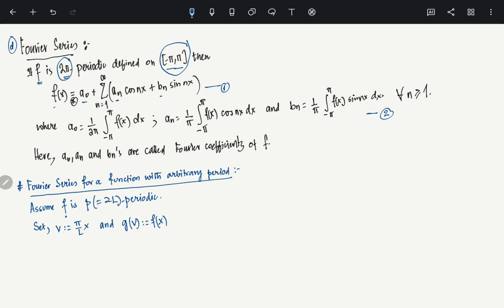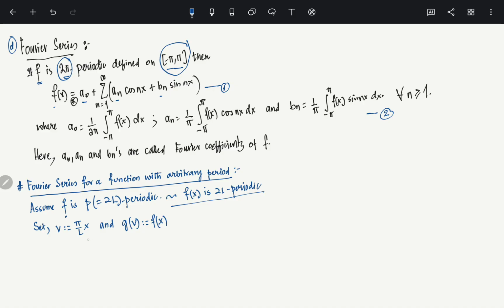Okay, see, f is given to us, right? So basically f of x is a 2l periodic function, that's given. That's what it means. We know what f is. Now we are defining a new function g such that g of v equals f of x.